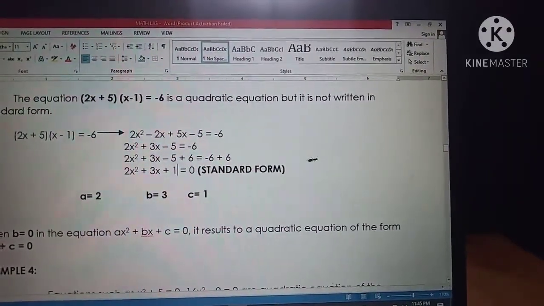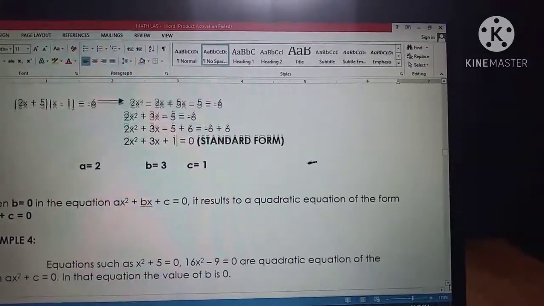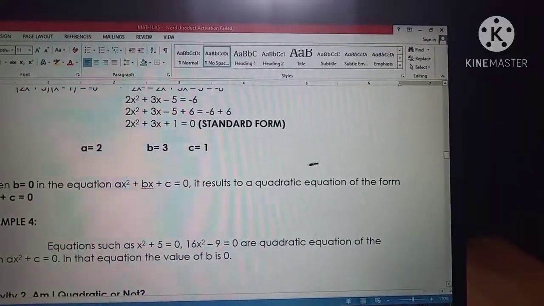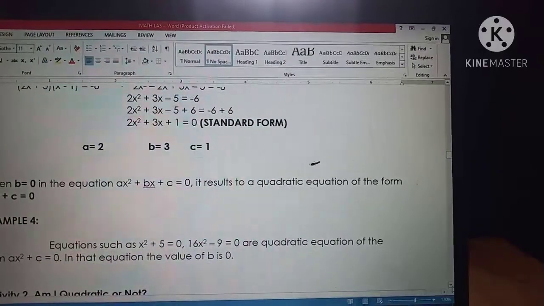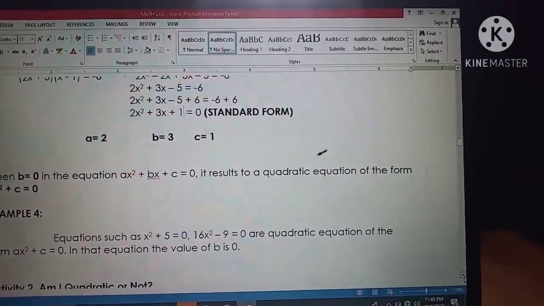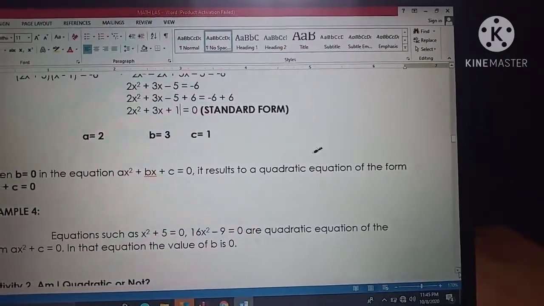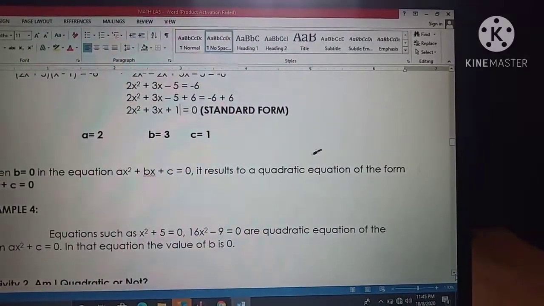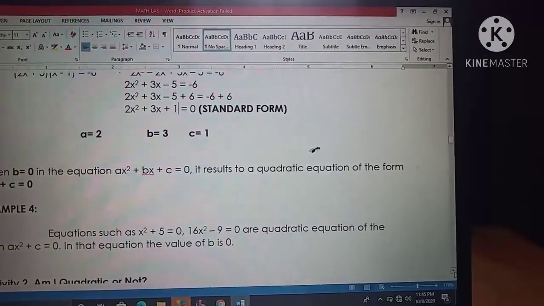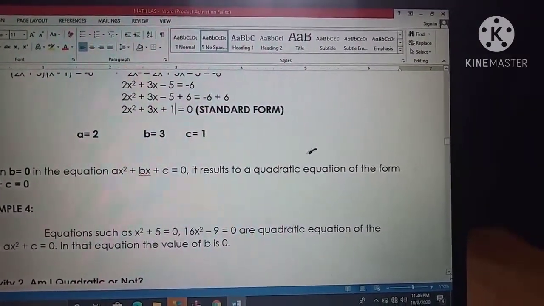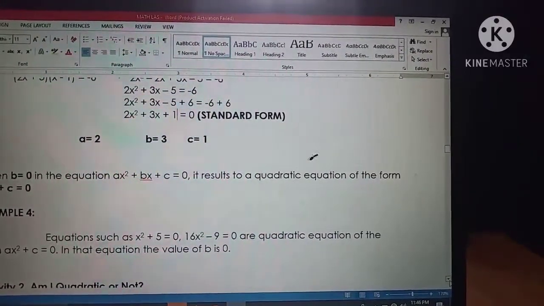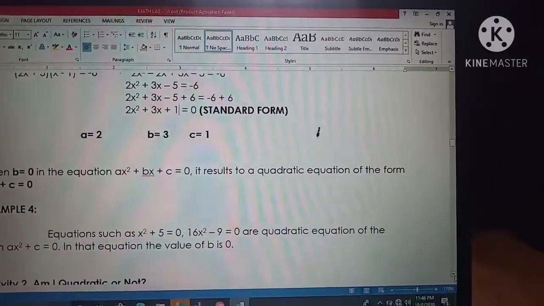Diba? Napakadali lamang niya. So, kailangan mo lamang kapag nakita mo ang isang equation na hindi pa naka-standard form, kailangan mo muna siyang i-transform into standard form para ma-identify mo. Para madali mong ma-identify si A, B, at saka C.